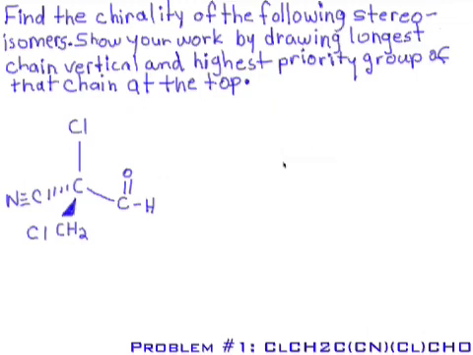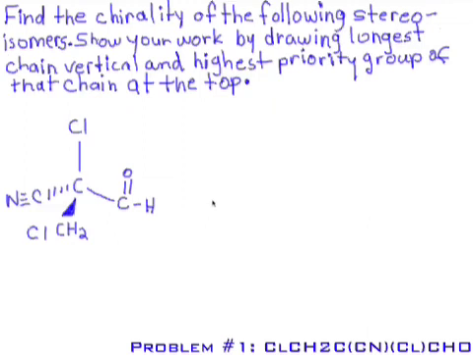Now, in this scenario, it is a bit ambiguous as to what is the longest carbon chain. We have 1, 2, 3, we have 1, 2, 3, so there are several possibilities, and if you choose a different 3-carbon chain as your longest carbon chain, that's okay. As to the group that is highest priority, you actually have to go back to your chart of general IUPAC nomenclature.